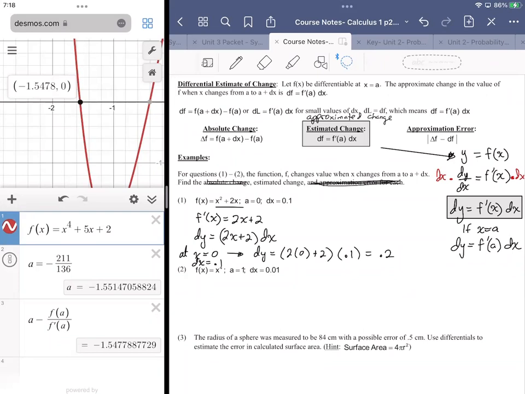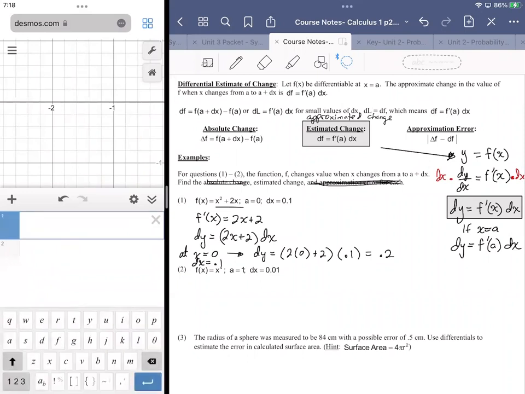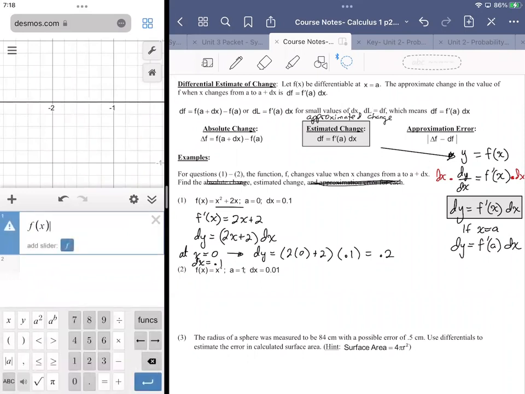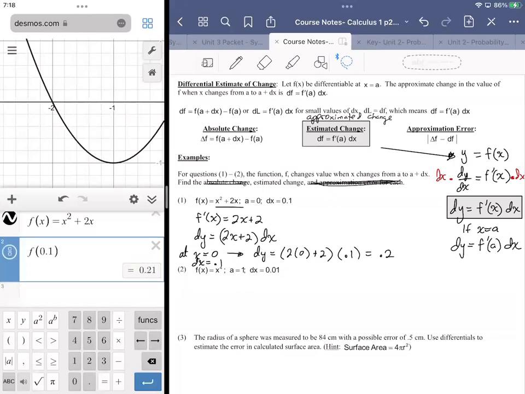So it's not 100% obvious, but let's go back to the original function. f of x is equal to x squared plus 2x, and then pop in the 0 for x. So f of 0 is equal to 0. That's no surprise because if I plug in a 0 for x, that's fine. Now, if I plug in a 0.1 for x, I'd get a 0.21.